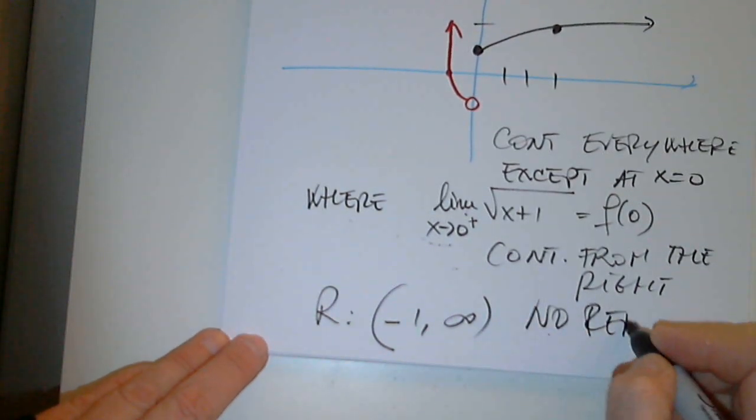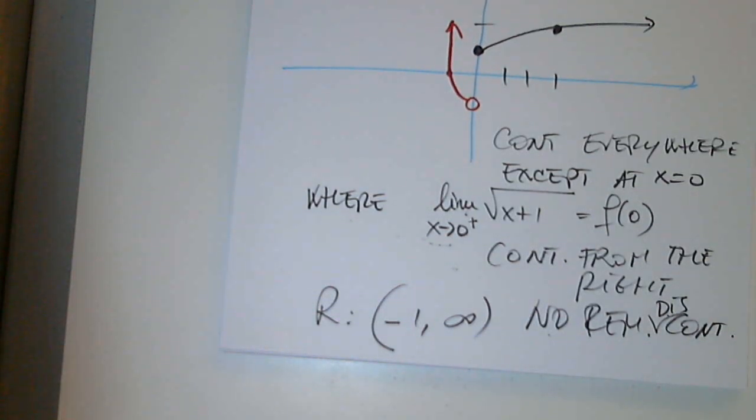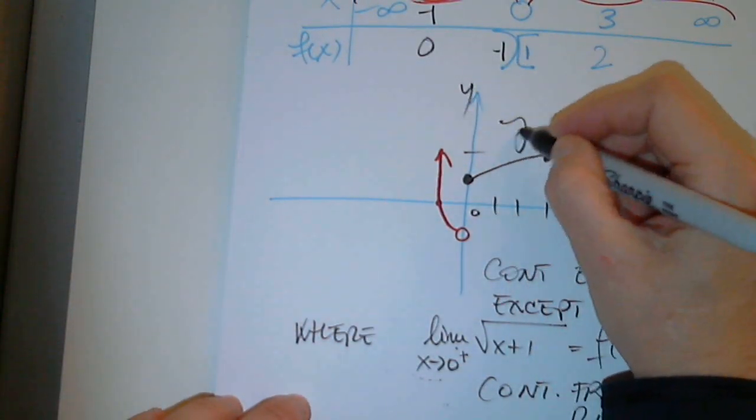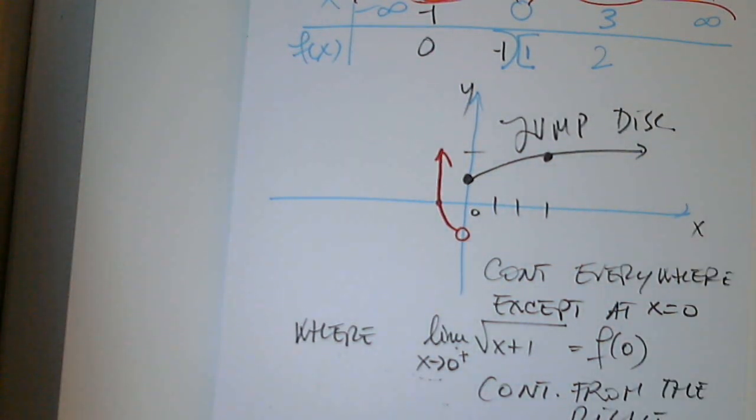No removable discontinuity. You want to write jump discontinuity, that's good too. Jump discontinuity.